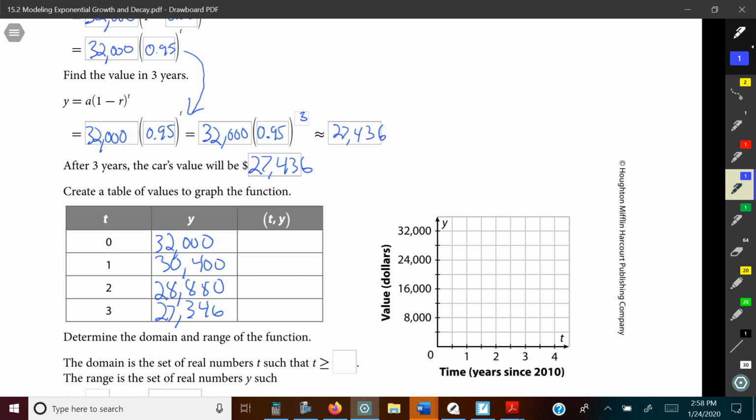All right, let's see if this was a little bit easier to graph here. We're estimating again. We know at 0 it's going to start at 32. Okay, after 1 year, it's going to be 30,400, which is just down a little bit, about right here. And then 2 is going to be down a little bit more here.